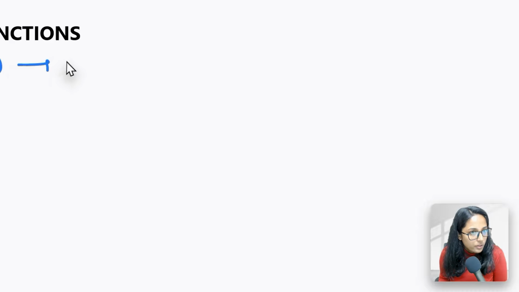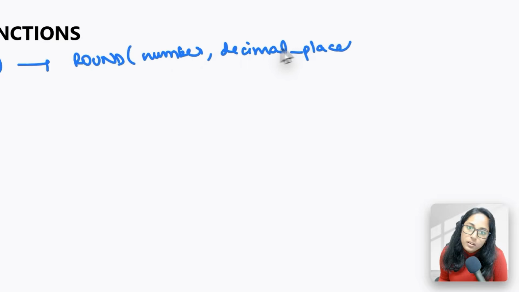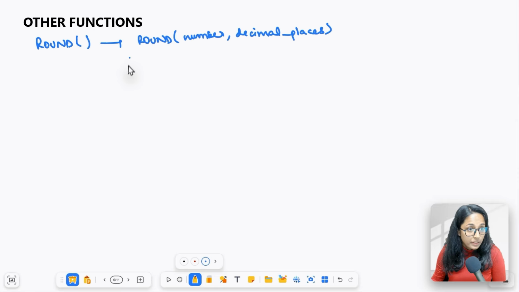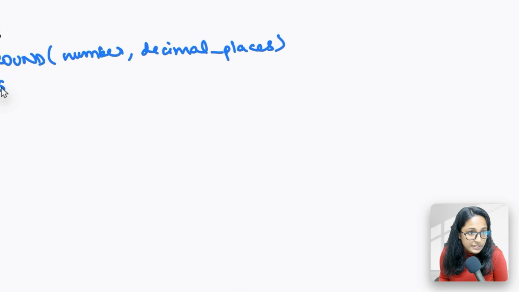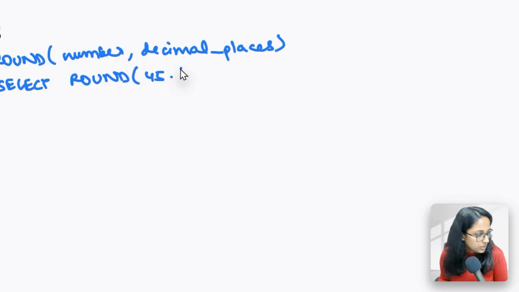So how can this be used? We will write round, mention our number and our decimal places. In a query, I would write select round. I'm just writing a generic one, not referring to any table, just to make you understand. For example, we have 45.6789 and two decimal places.